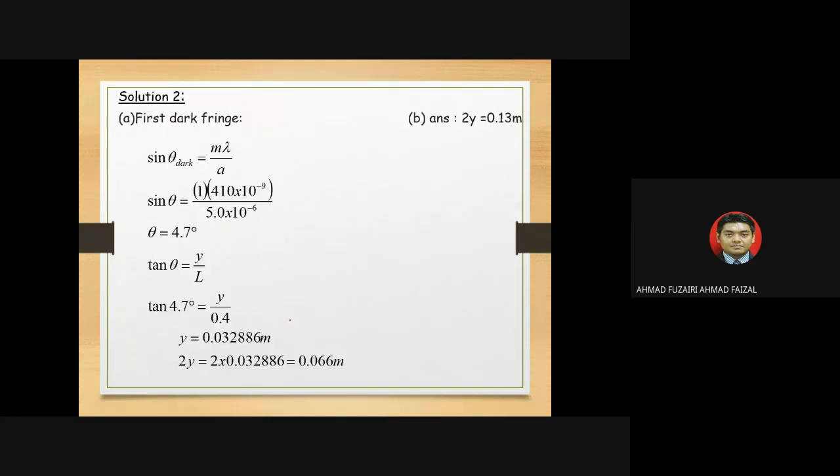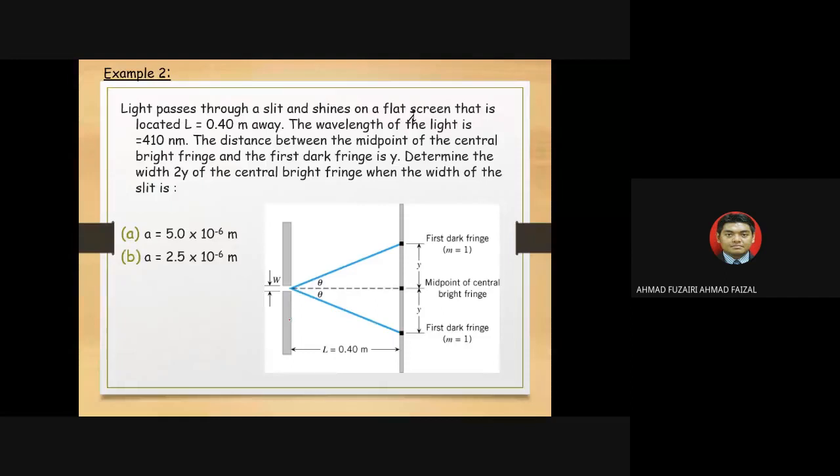So this is the example question. Light passes through a single slit and shines on a flat screen that is located L equals 0.4 meters away. So that will be L. The wavelength of the light, lambda, is 410 nanometers.